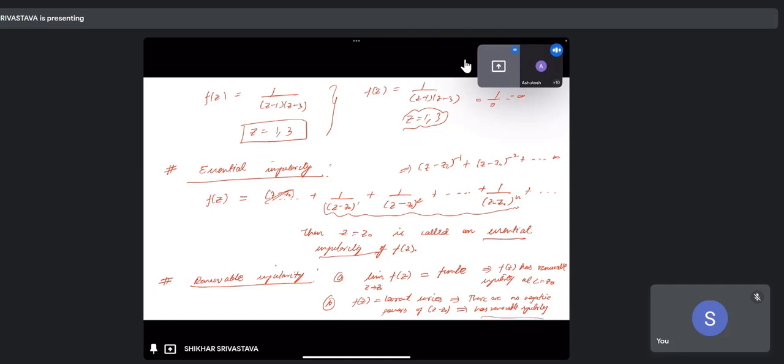Let us solve some questions so it will be clear to you. Suppose you have the function sine z by z.